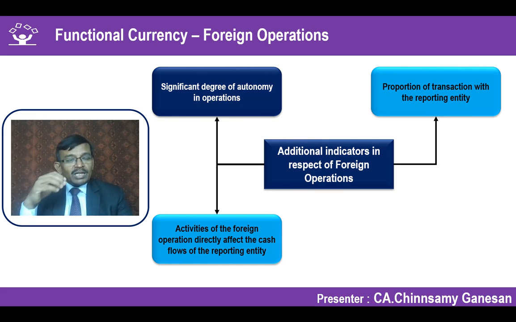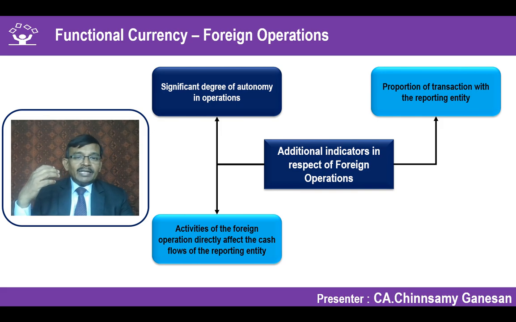Accordingly, whatever cash flows the subsidiary or foreign operation generates automatically impact my cash flows also, because it's just a pass-through transaction. So in that case, significant autonomy is also not there, and the entire cash flows of the reporting entity are affected by the foreign operation. So in that case also, the functional currency of the reporting entity will be the currency of the foreign operation as well.